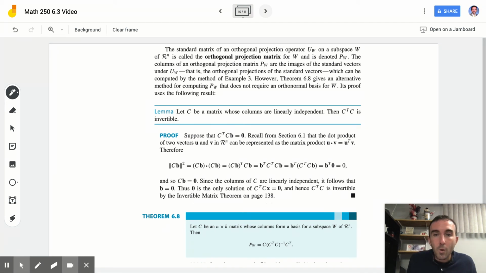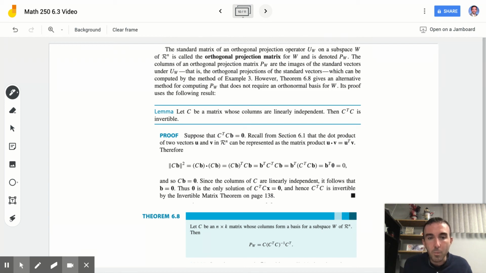So the orthogonal projection matrix, we denote it as P with a subscript of W. The columns of an orthogonal projection matrix are basically the images of standard vectors under an orthogonal projection operator. So we're just moving around those standard vectors, 1, 0, 0, etc., which we can do using the method we just described in the problem that we just did.